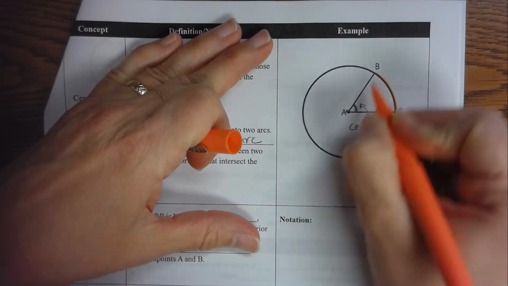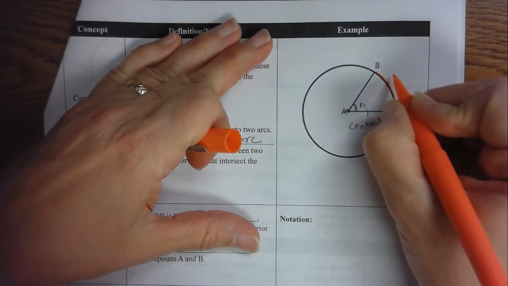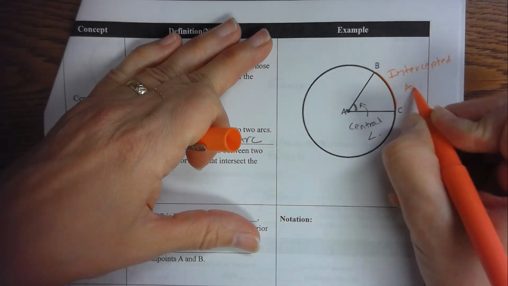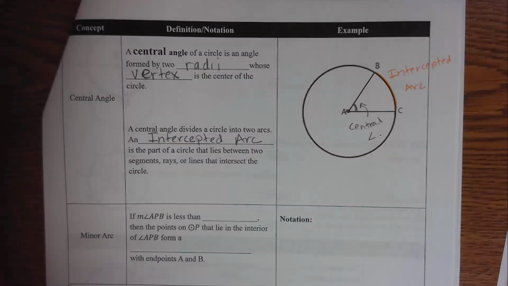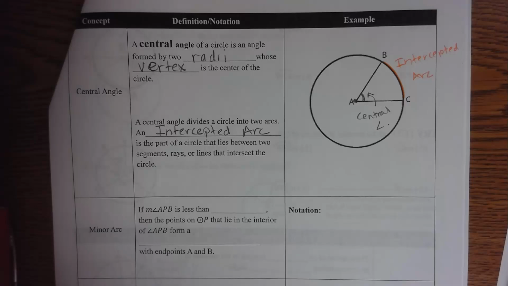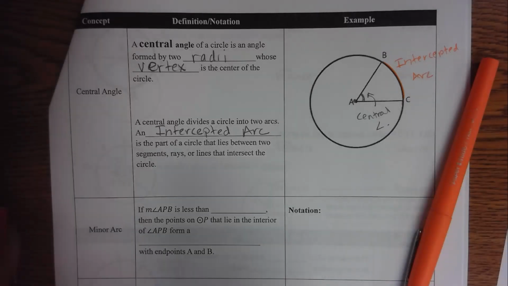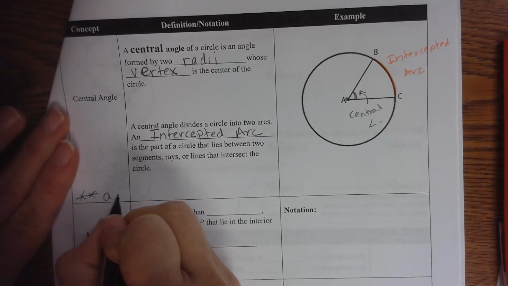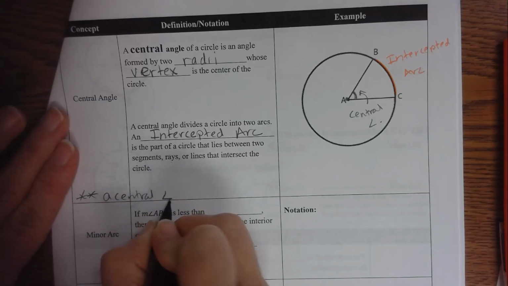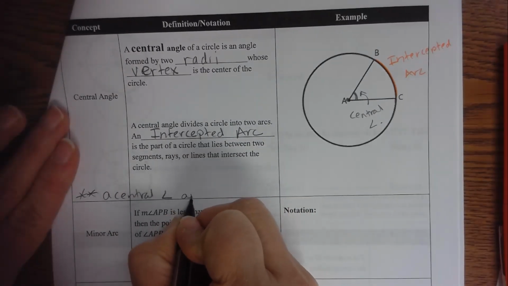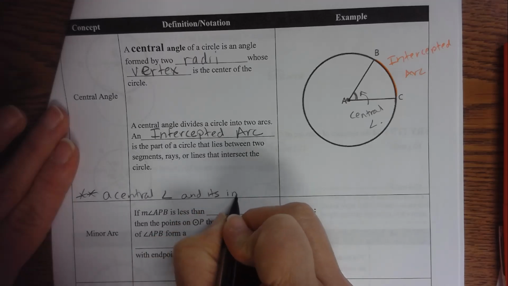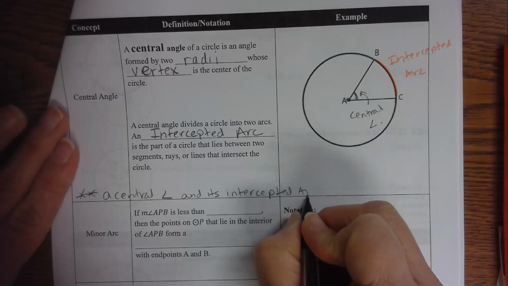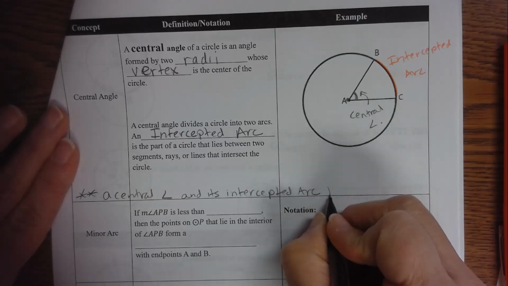It's intercepted by this central angle, see? This is the intercepted arc. And the piece of information here that we will see again and again: a central angle and its intercepted arc have equal measures.